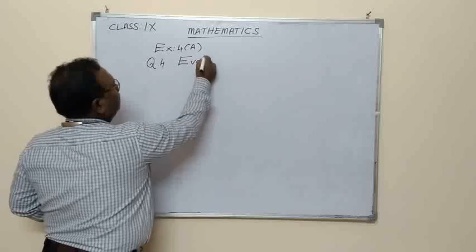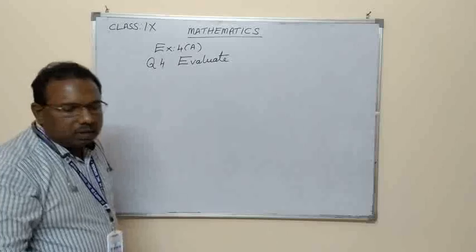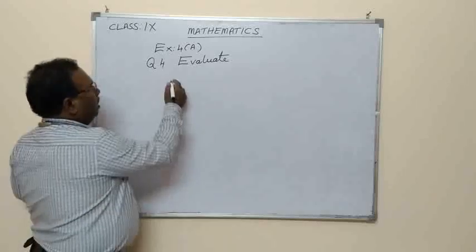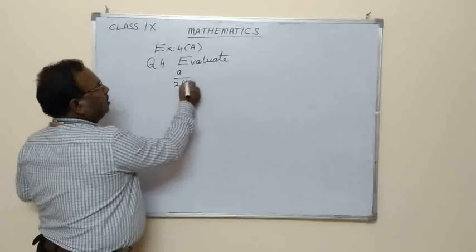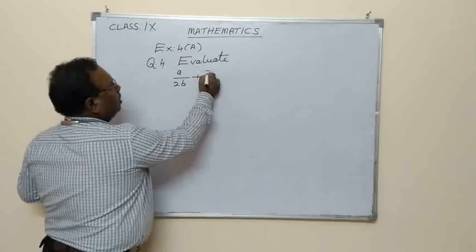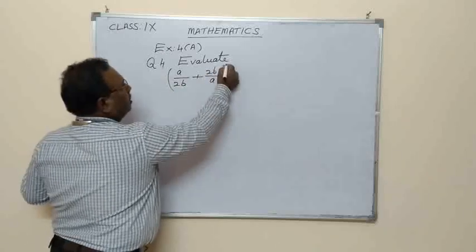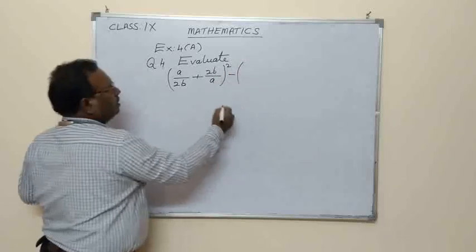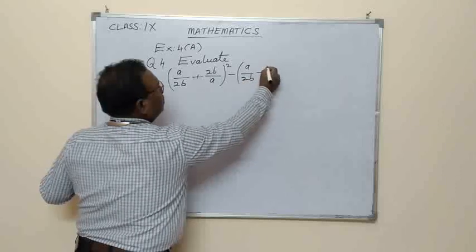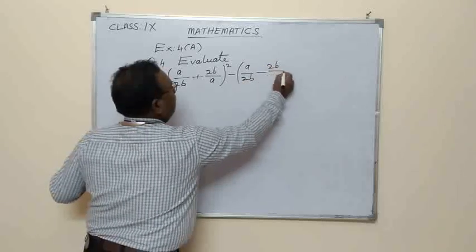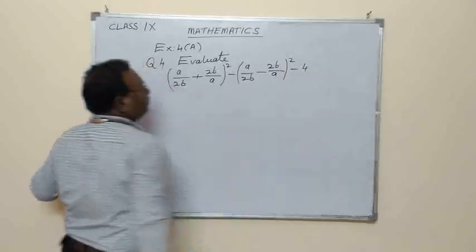Evaluate. Question is: (A divided by 2B plus 2B by A) all square minus (A divided by 2B minus 2B by A) all square minus 4.